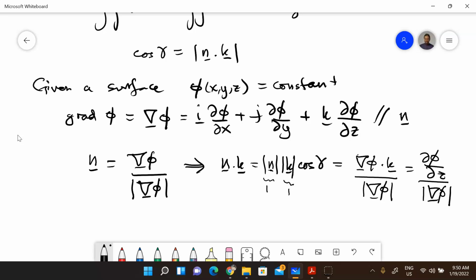So in other words, we now have a way of determining what your gamma is through your normal.